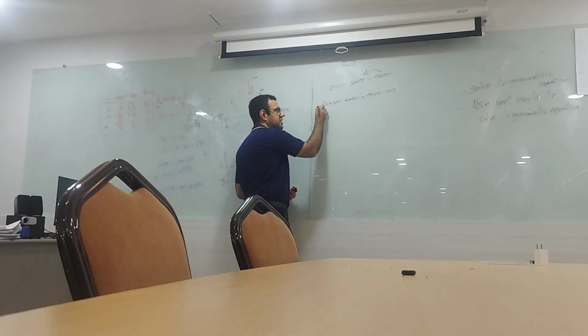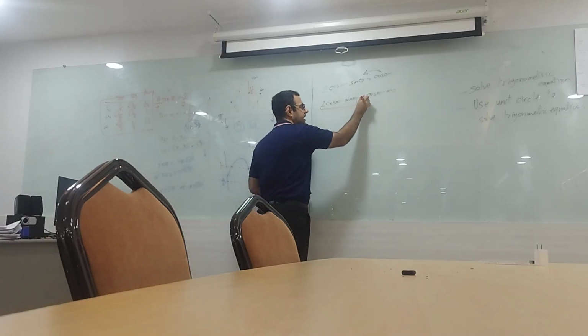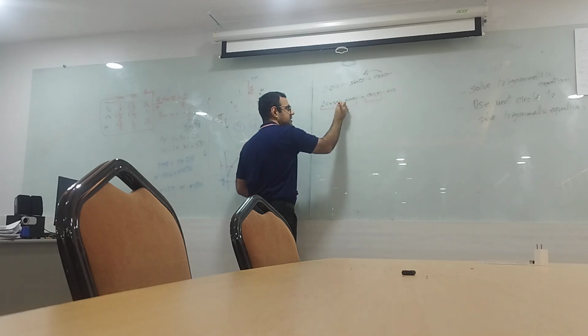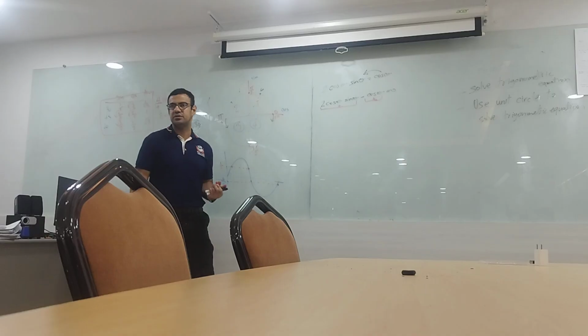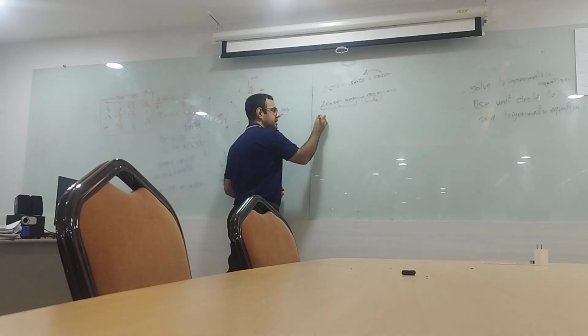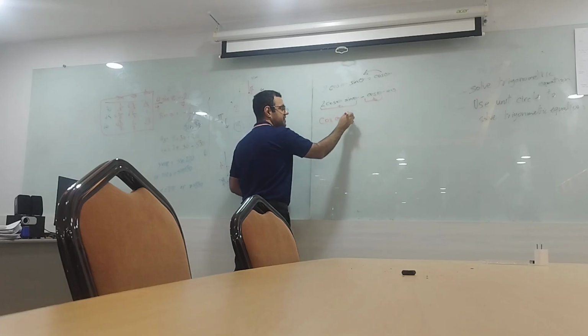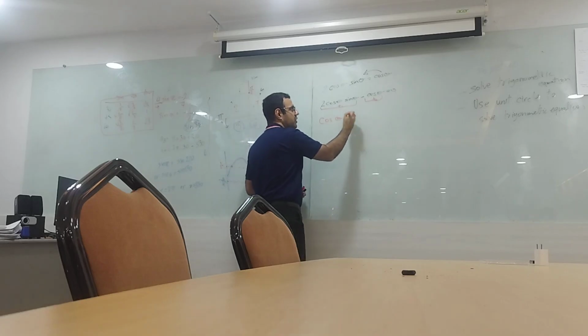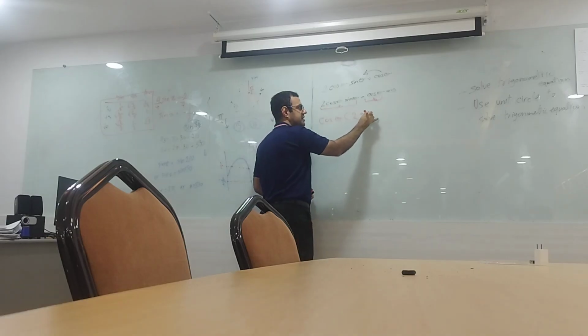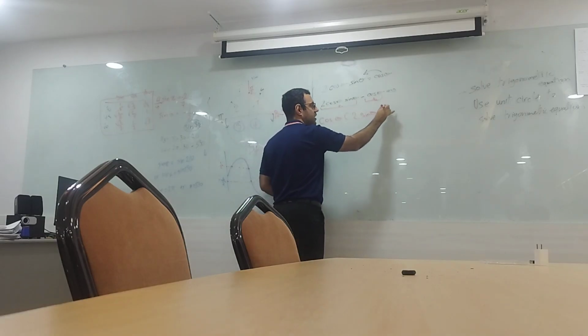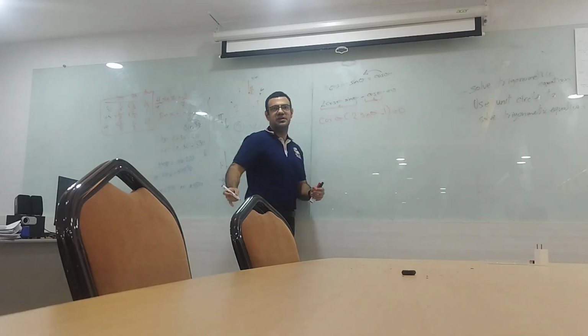What can I factor? How many terms do I have? I have 2 terms. What is the same in term 1 and term 2? Cosine is the same in both terms. So cosine theta times what's left when I take cosine out: 2 sine theta minus 1 equals 0.